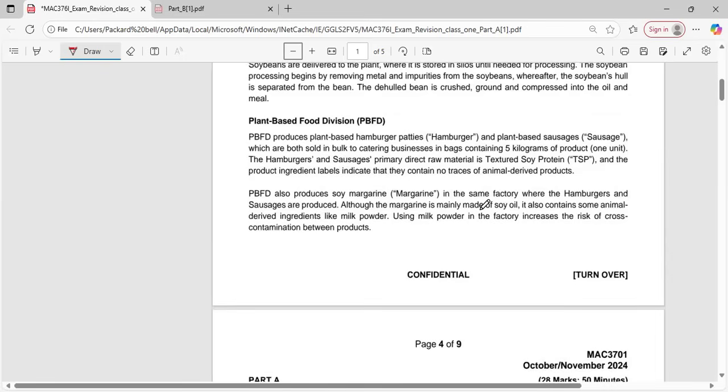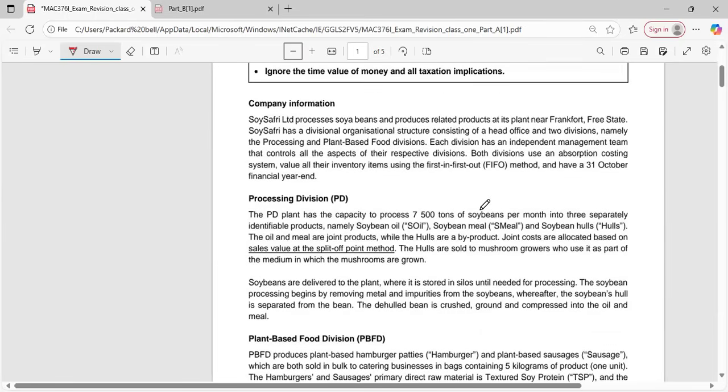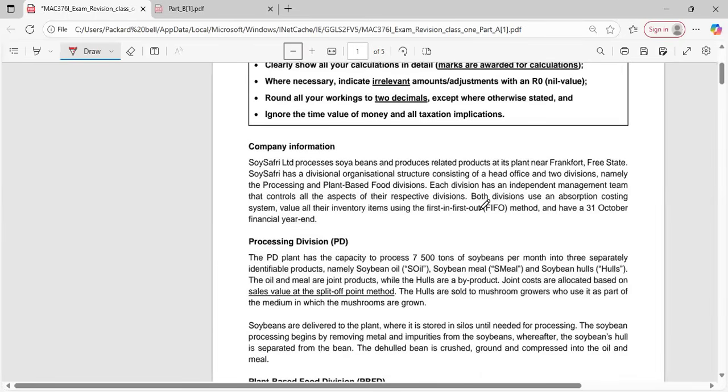Right, so let's start with the question that is here. Here is the company information for the question. They say Soy Free Limited processes soybeans and produces related products at its plant near Frankfurt, Free State. Soy Free has a divisional structure. I think the moment you read this, you know which topic they are referring to when they talk of a divisional structure.